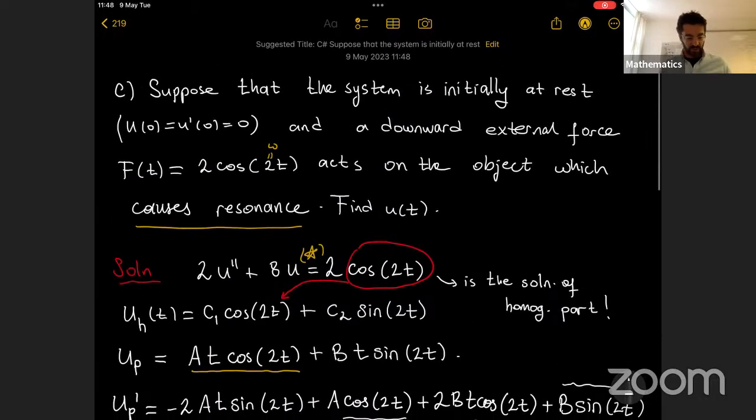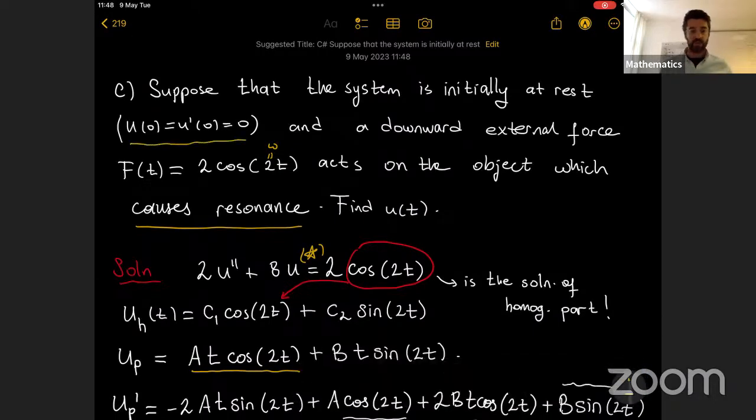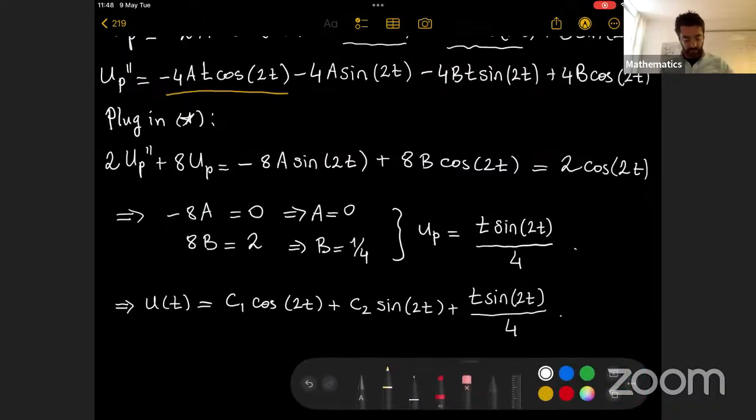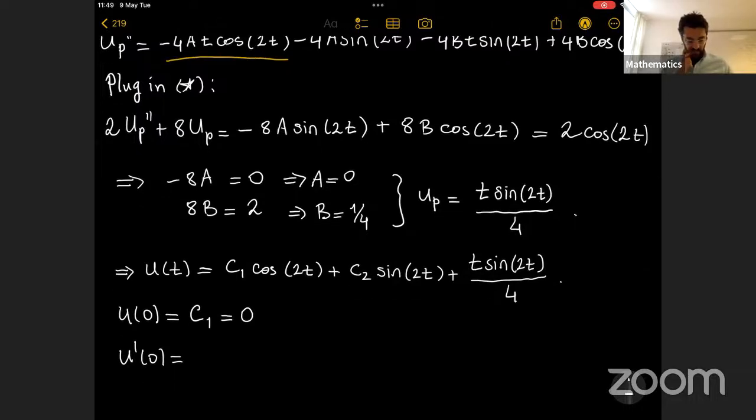We also have the initial conditions. Remember the initial conditions here: u(0) is equal to 0 and u'(0) is equal to 0. So let us put this here to find c1 and c2. So u(0) is what? When you plug 0, sine will vanish. So you will end up with c1, and this is equal to 0. u'(0), when you plug 0 into the derivative, derivative of cosine is sine, so this will vanish.